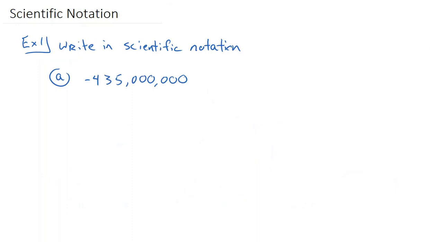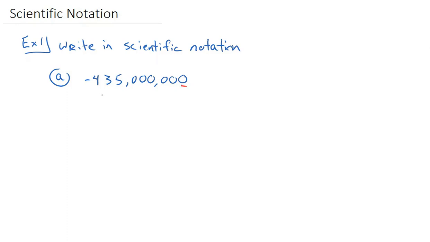Alright, so now that we see that, let's look at an example. We're going to write this number in scientific notation. Now, every time it looks like we're moving the decimal, but what's really happening is we're dividing off powers of 10, and each power of 10 that we divide off represents a place value.